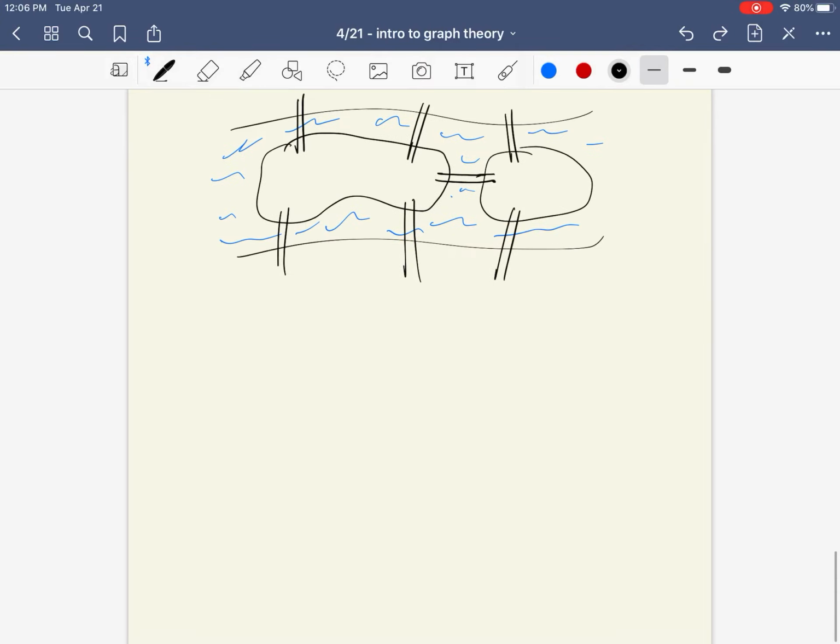And so the idea is that these 7 bridges were designed by a famous architect.